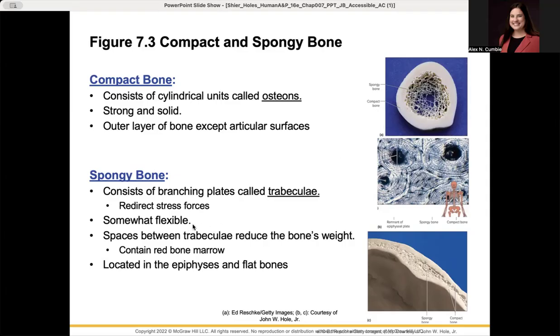It has a little bit of flexibility, and typically, where we will find it is in the epiphyses or the expanded ends of long bones and in flat bones. You can see this example of the skull here, where we have compact bone on the outside, and then we have that spongy bone on the inside.